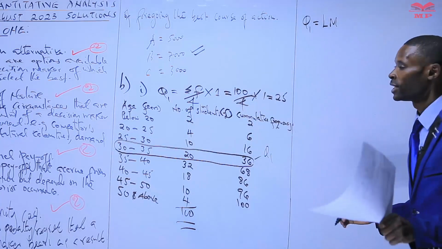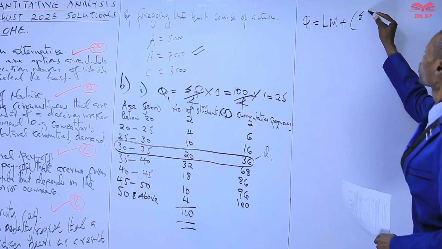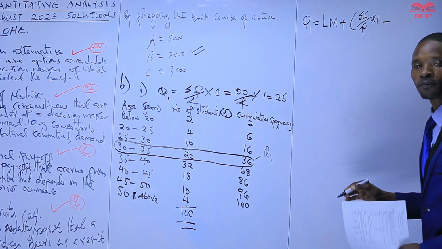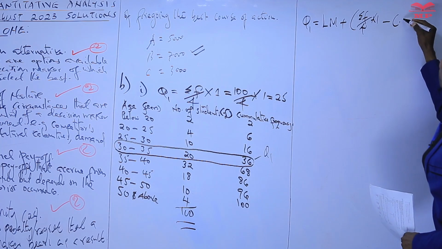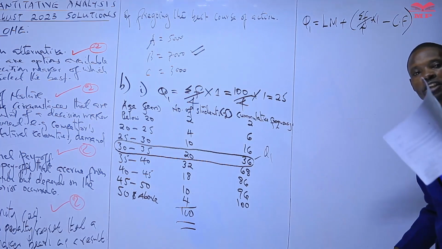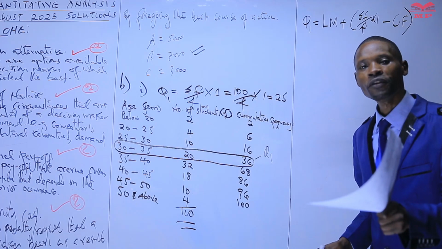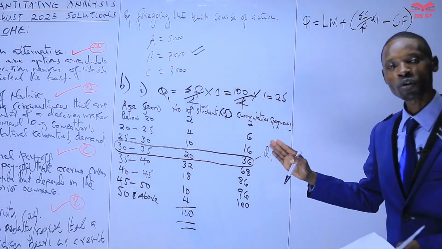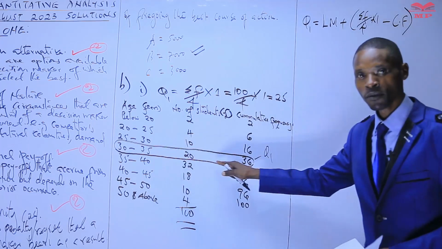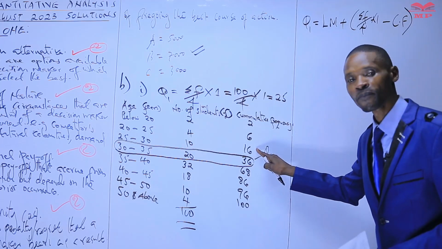Hoping we are together. Then I add open bracket, summation of f over 4 times 1, minus the cumulative frequency. This is the cumulative frequency which is above the quartile range. In that case, because this is my quartile 1 range, the cumulative frequency above that range is 16.